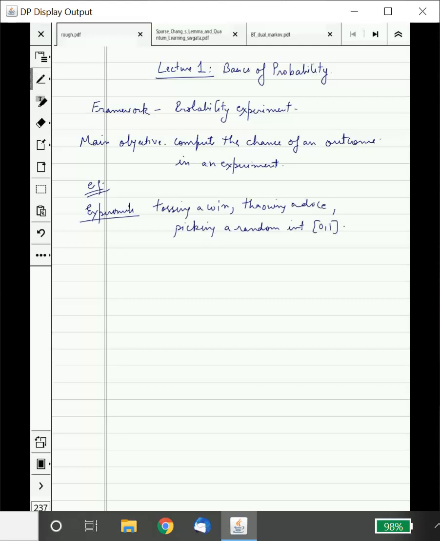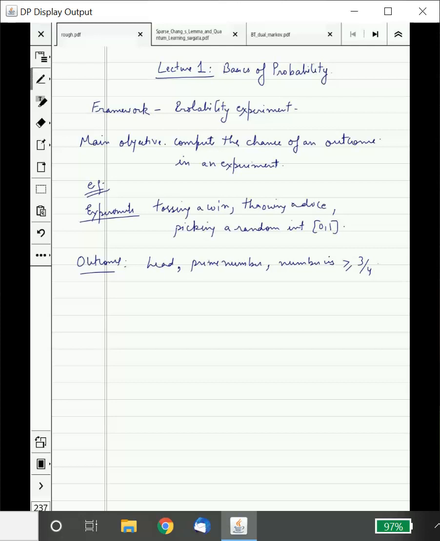And these are the examples of some experiments. And in these cases, the outcomes we might be interested in are, let's say, head when we toss a coin, occurrence of a prime number when we throw a dice, or, when we are picking a random number between 0 and 1, let's say the number is bigger than 3 by 4. So these are the kind of outcomes we might be interested in given an experiment.